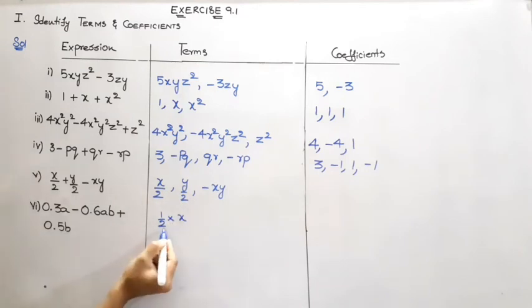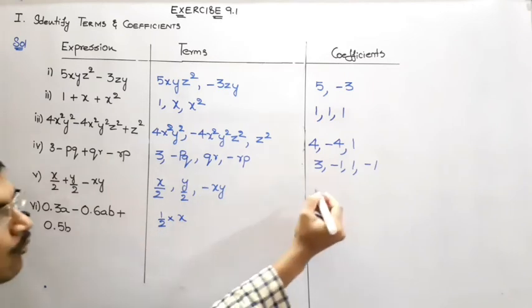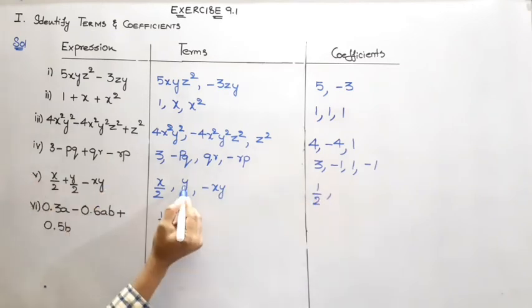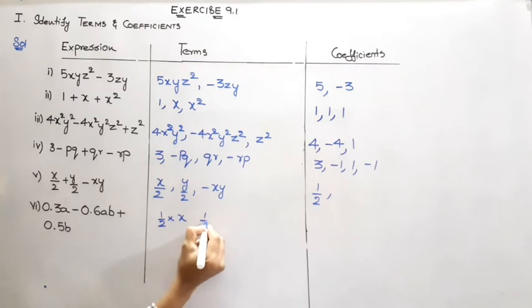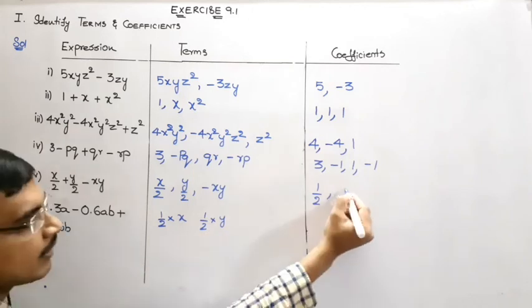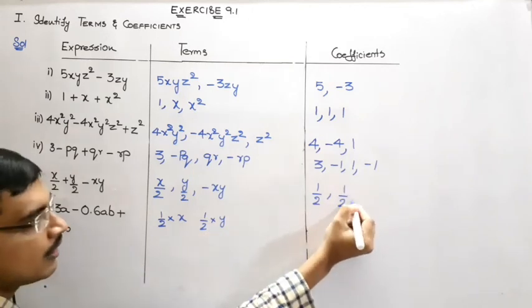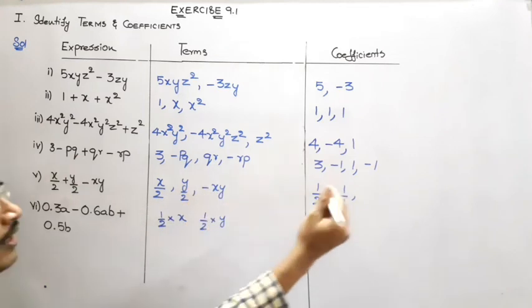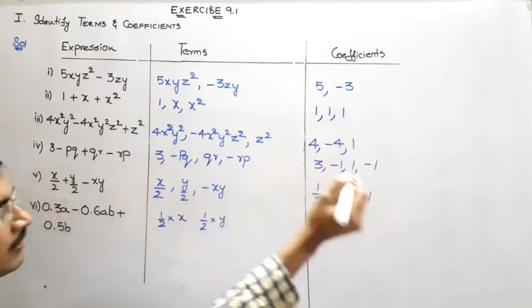Then what is the coefficient of x? 1 by 2. Next, here we have y by 2. We can write y by 2 as 1 by 2 into y. Then what is the coefficient of y here? Again 1 by 2. And here minus xy. We don't have a numeral. Hence, minus 1 is going to be the coefficient for minus xy.